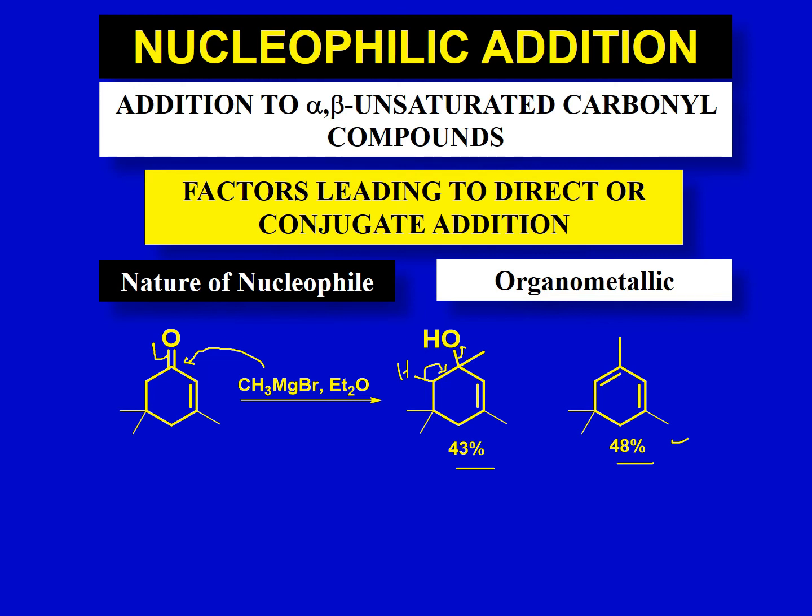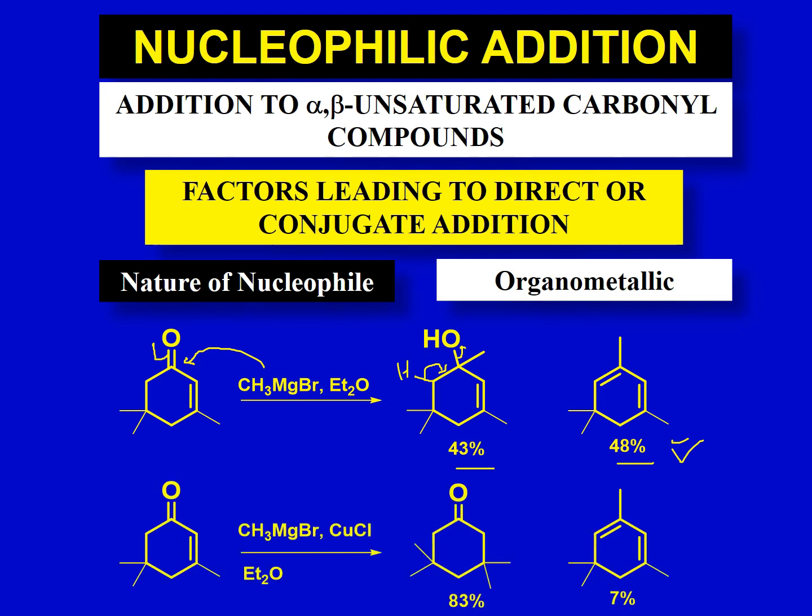If you look at the spread of the products, this product is formed in 48% quantity and this is in 43%. So it goes for direct addition, but then it leads to the removal of water, forming this conjugated diene system, which is of course more stable, and that is why the percentage is higher.